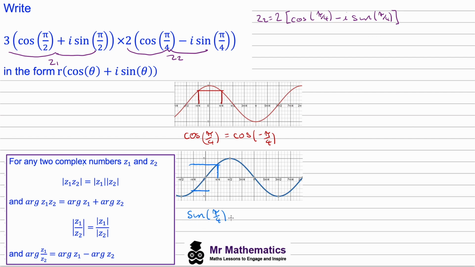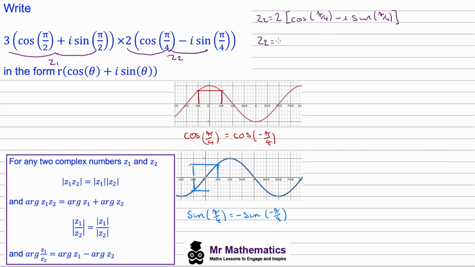So the sine of pi over 4 will be exactly equal to negative the sine of negative pi over 4. So the negative sine of pi over 4 is here. If we negate this value, then we get this value. So now we can use these in our complex number.